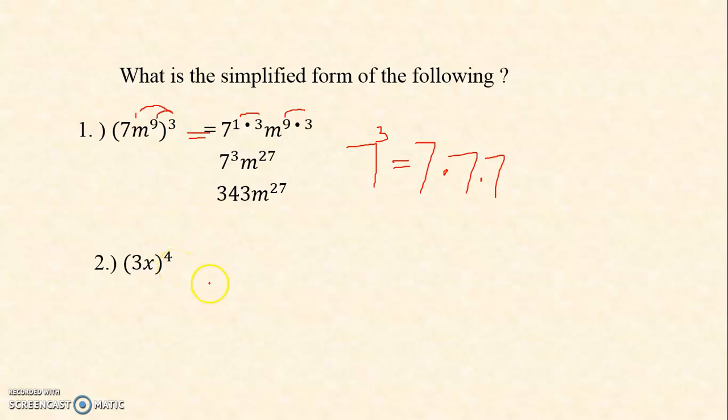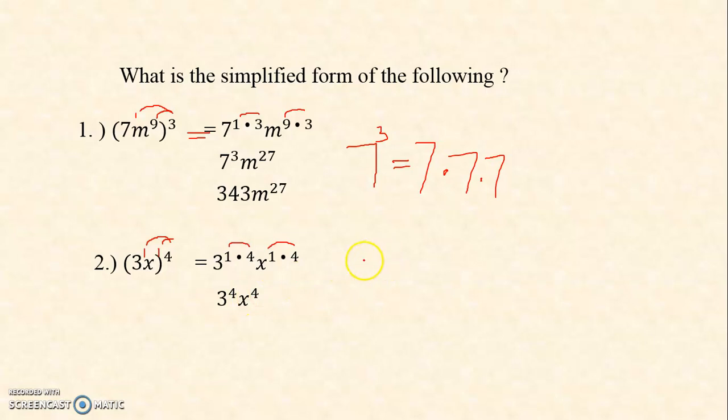We have 3x raised to 4. What is the exponent of 3? That is 1. The exponent of x, that is 1. Doing the same thing, you're just going to multiply the exponents. So you now have 3 raised to 1 times 4, and then x raised to 1 times 4. 1 times 4, that is 4. 1 times 4, that is 4.